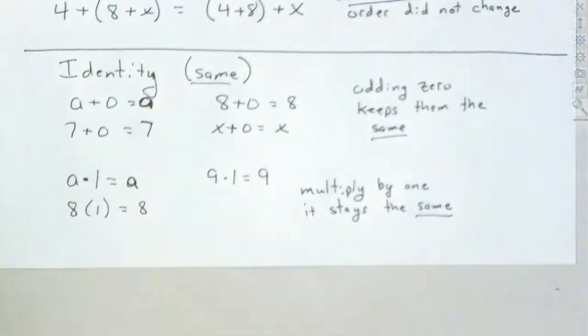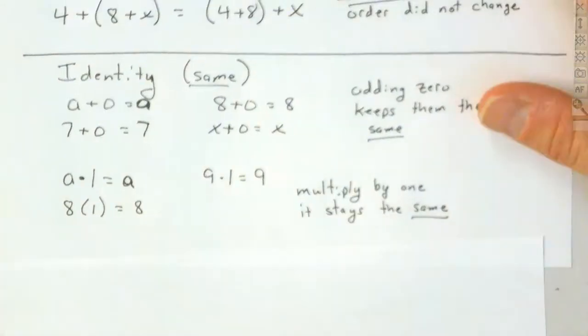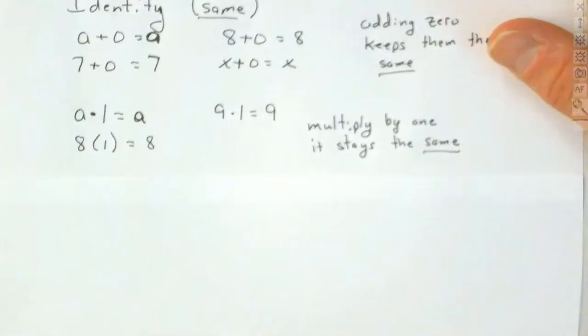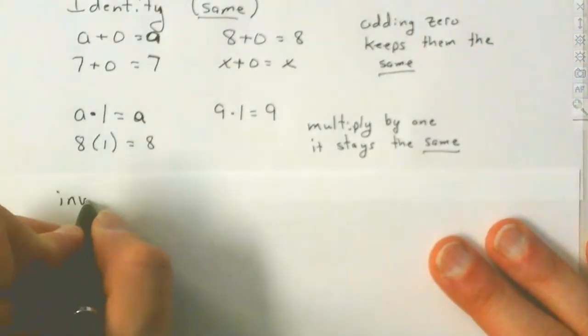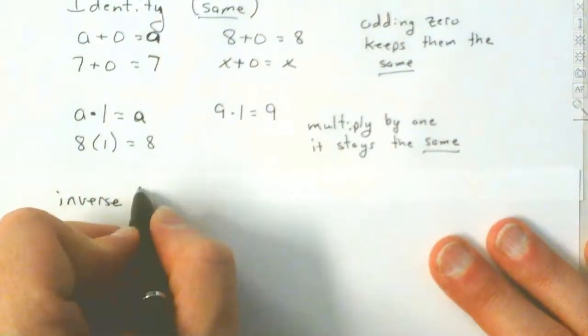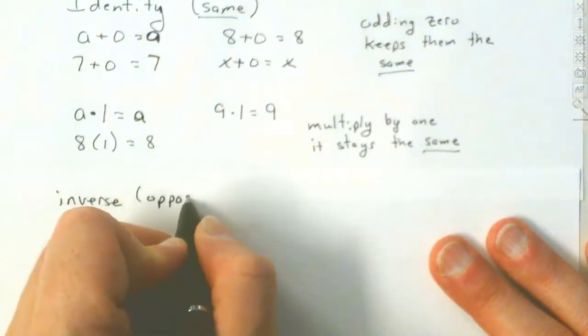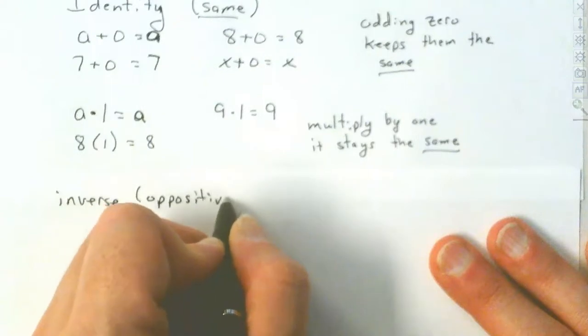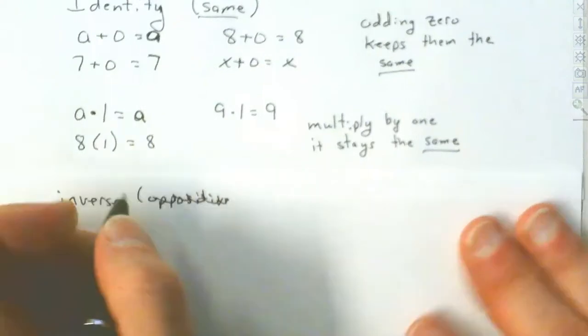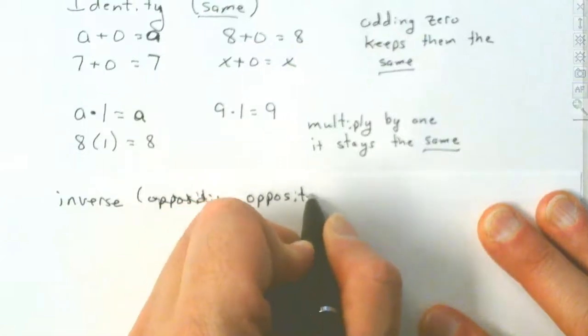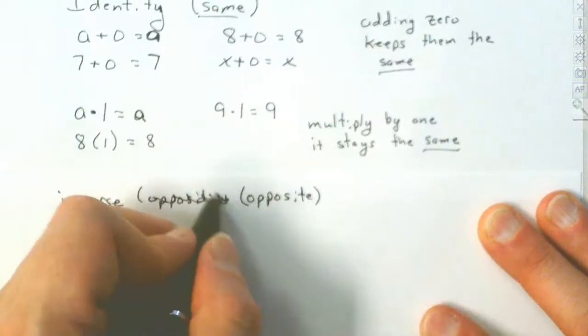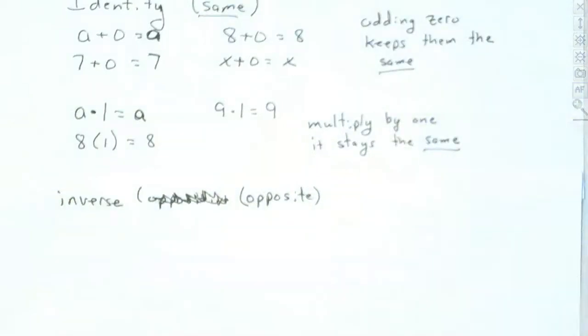Next, we're going to look at the inverse. Now, what does inverse mean? Inverse means the opposite. Let me write it up right here. So when we talk about the inverse, we're going to be talking about the opposite.